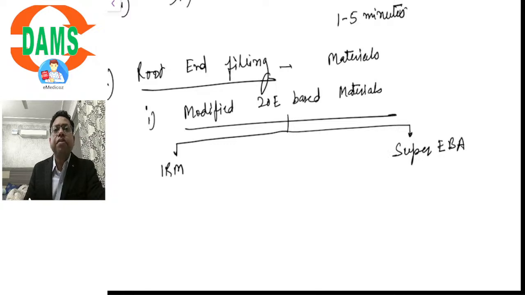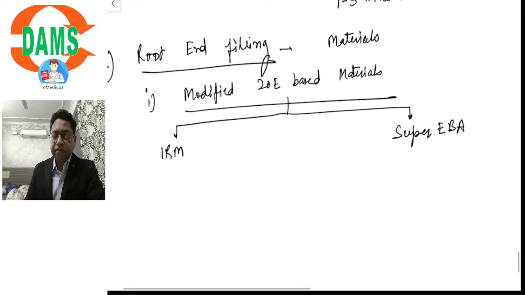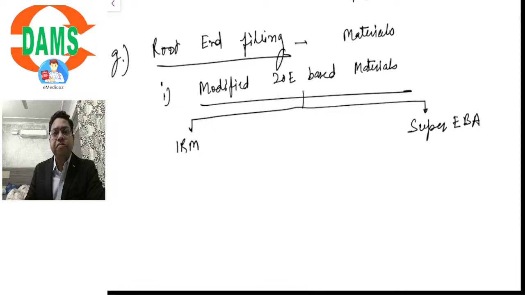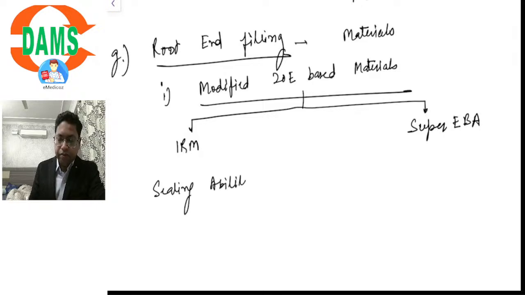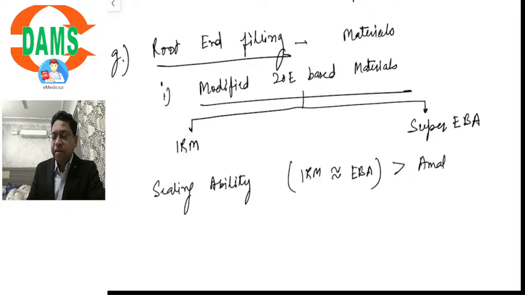What is IRM? IRM stands for intermediate restorative material. Super EBA is ethoxybenzoic acid. These two are modified ZOE based materials. If we talk about the sealing ability, IRM is almost similar to Super EBA, and both are greater than dental amalgam as a root end filling material.